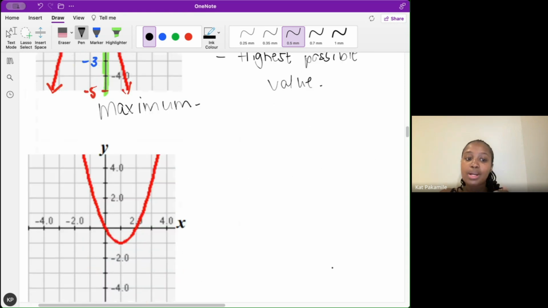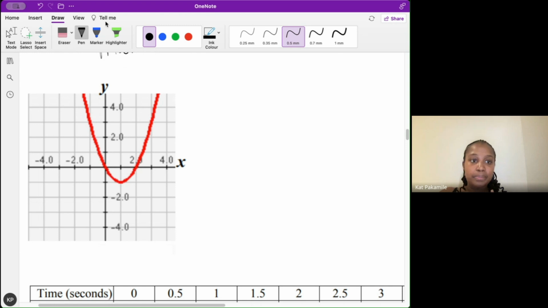Okay, let's look at what a minimum would look like. This is a minimum. There's my turning point over there. My turning point is at -1. And then this graph goes from -1 to 0, and then 1, 2, 3, 4, 5. Is this graph getting bigger and bigger in value or less and less in value?